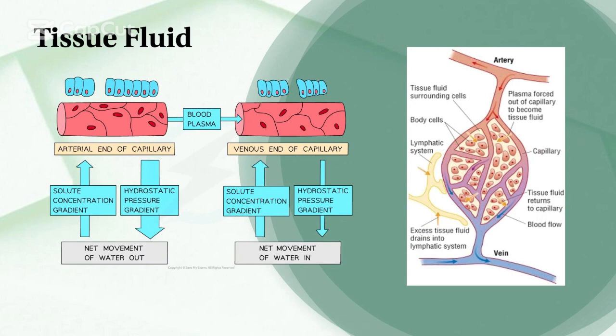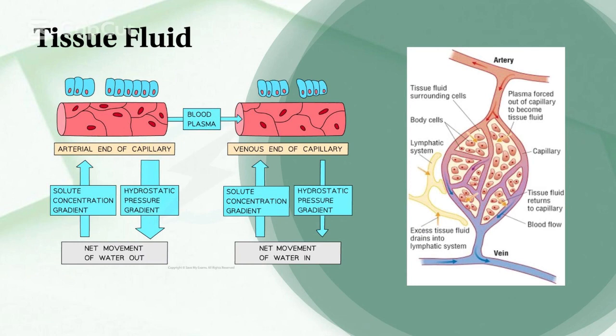But there's also a different factor at play. Other than the hydrostatic pressure generated by the heart, which is a more forceful pressure, there's also osmotic pressure. Towards the end of the capillaries, where they're reaching the tissues, all of these nutrients are moving out. Oxygen is moving out, glucose is moving out to cells which are in demand.